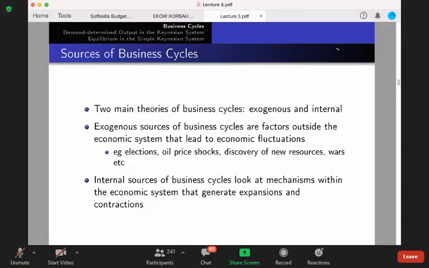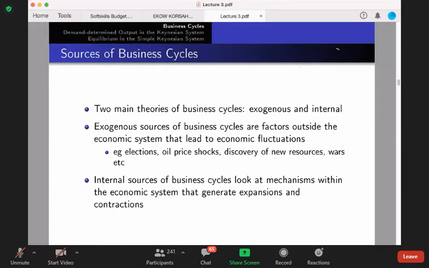So for instance, if there's an election, or if there is an oil price shock, it will lead to the GDP not following that smooth path. It could decline, it could go up. Some people will benefit, some people will not. There's a discovery of new resources. The discovery of new resources will immediately lead to the economy expanding.